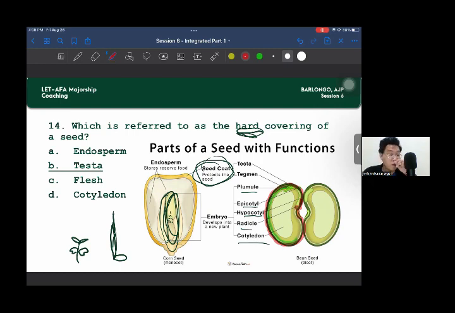And number two, plant pathogens can go inside, so mas may hinder pa yung pag-grow ng seed, or in the worst case scenario, hindi na talaga mag-germinate or hindi na tutubo yung seed na iyon. So this is your basic seed science.